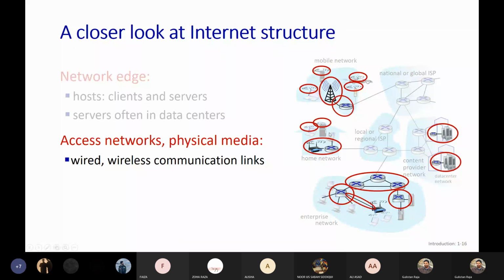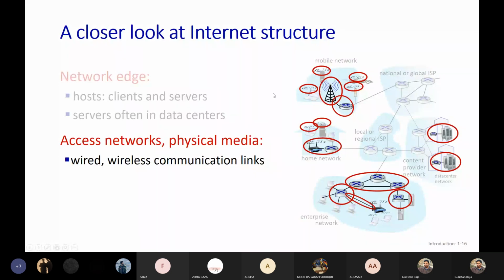For example, in your home you have a wireless or wired communication link. It depends; you may have both. When you are using a wireless router, you have a wireless communication link. If you are using a cable to get internet access, that is a wired communication link, right?